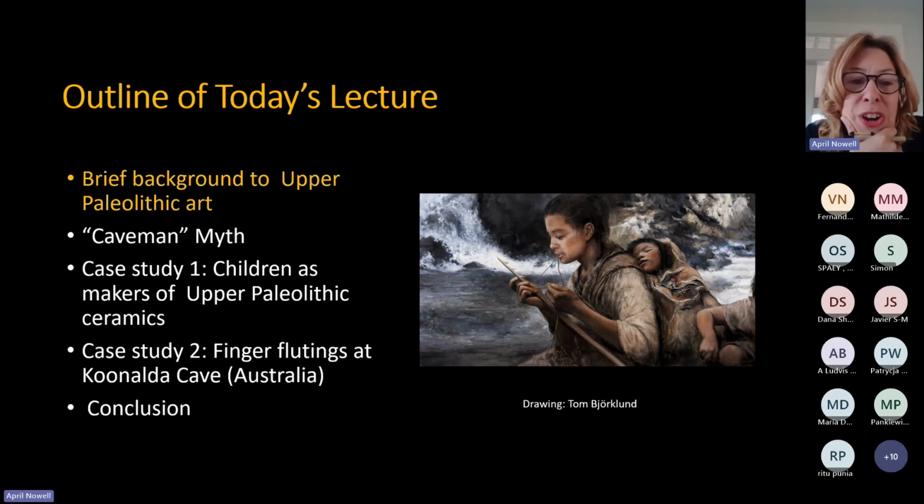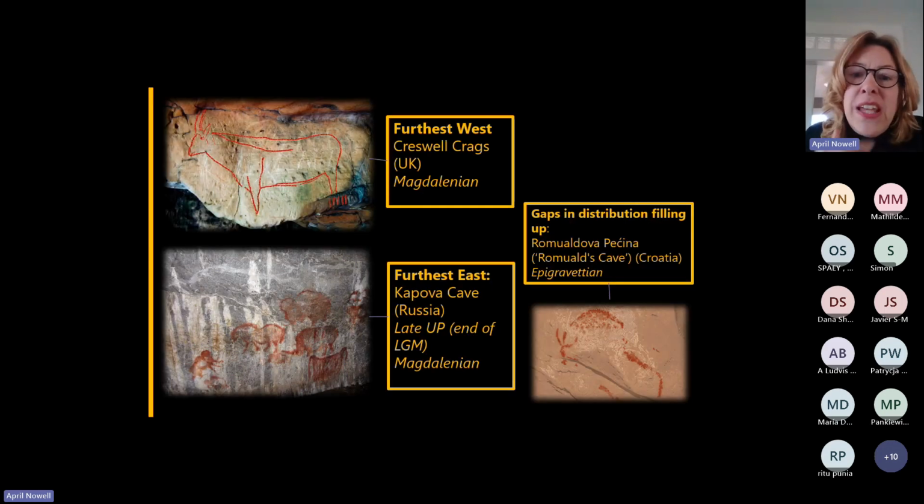Okay, so to start then with just a very brief background, because all of you here are specialists, but in case there's anyone who is new to this field. Basically, we're looking at a corpus of art dating anywhere from maybe 45,000 or so years ago, depending on what part of the world we're talking about, till around 12,000 years ago.